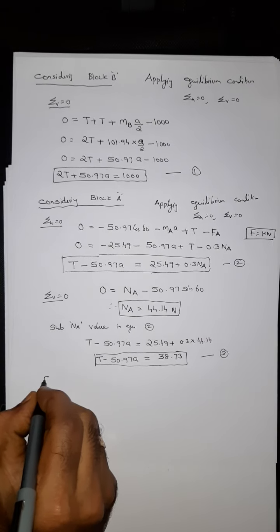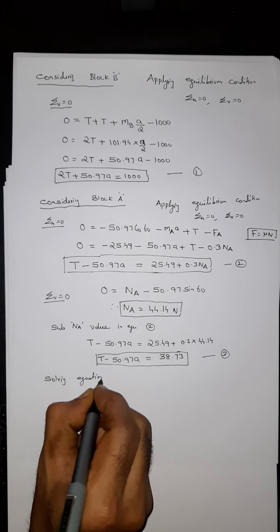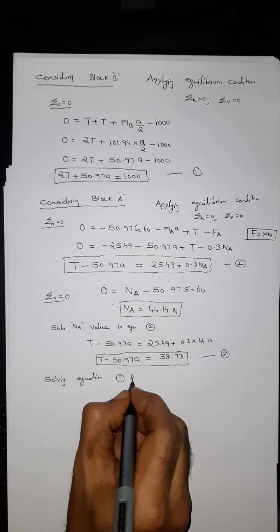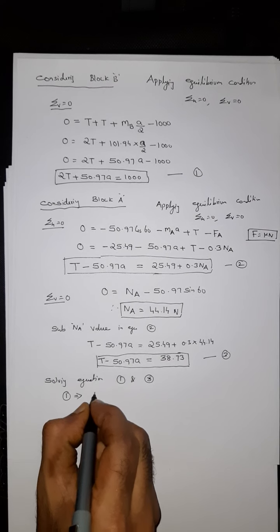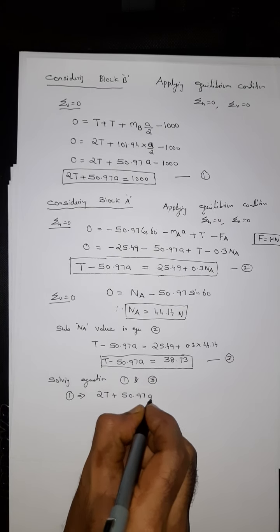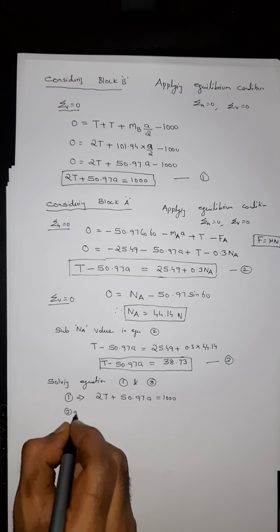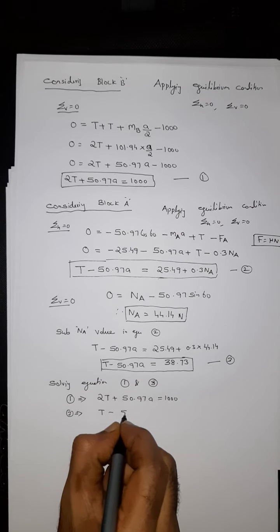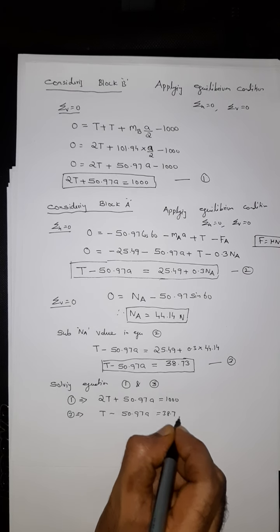Now solving equations 1 and 3: equation 1 is 2T plus 50.97 A equal to 1000, and equation 3 is T minus 50.97 A equal to 38.73.